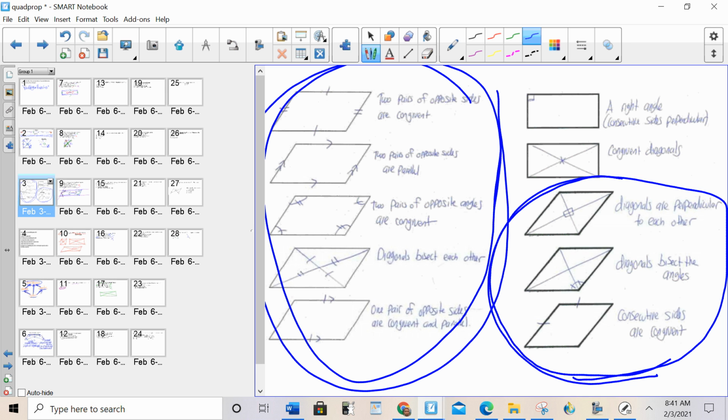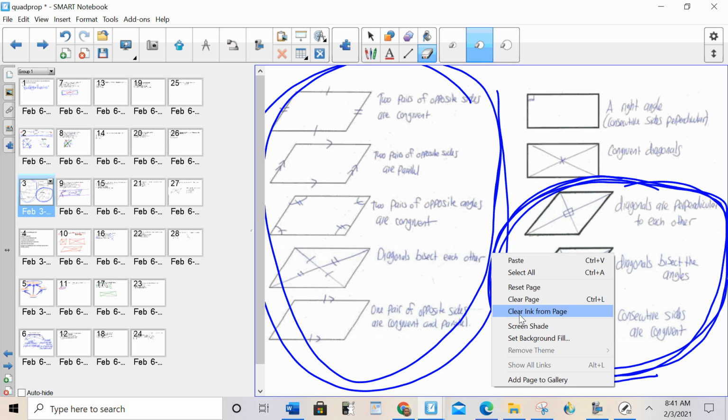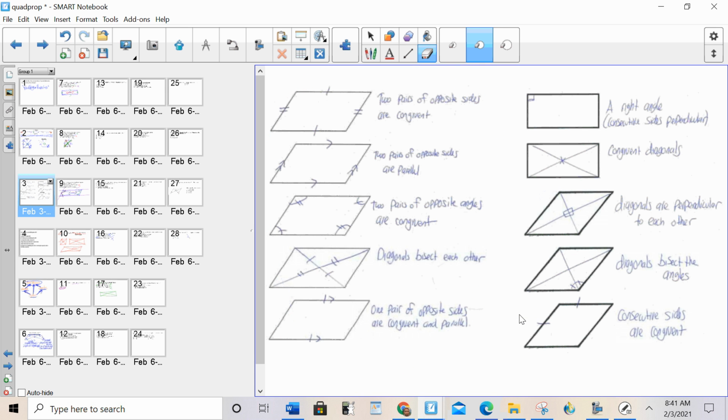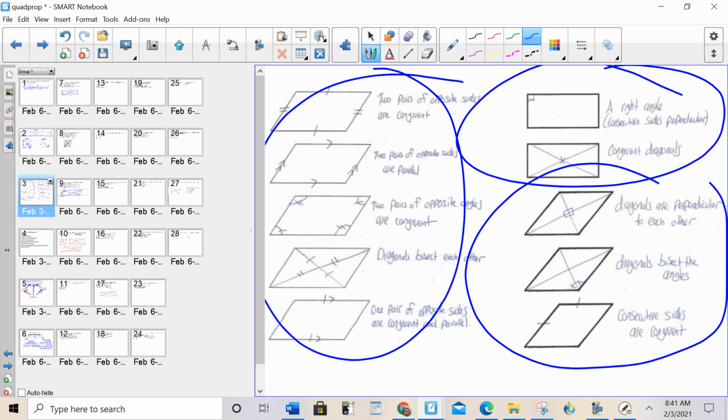To prove a parallelogram is a rhombus, I have to prove one of these three. All 8 are properties of the rhombus. Only these 3 prove that it's a rhombus. And for a square, again, to prove it's a square, it has to be a parallelogram, it has to be a rectangle, it has to be a rhombus. It needs to be all 3.